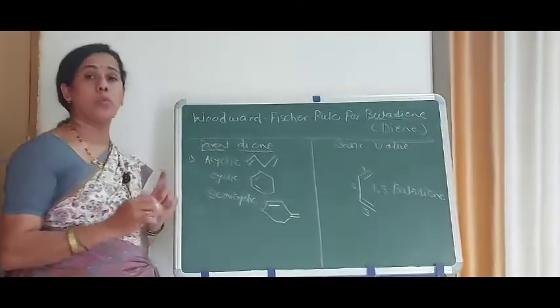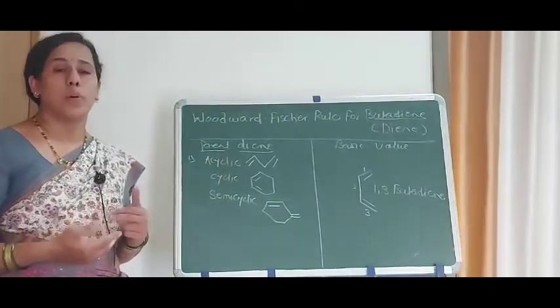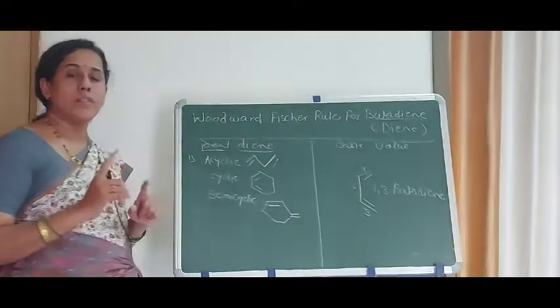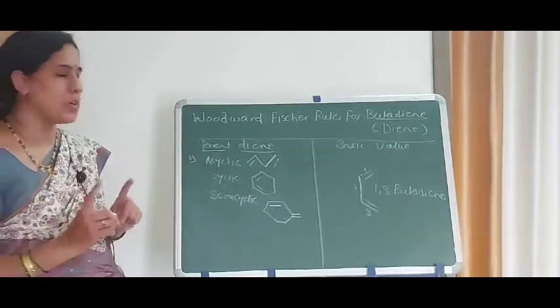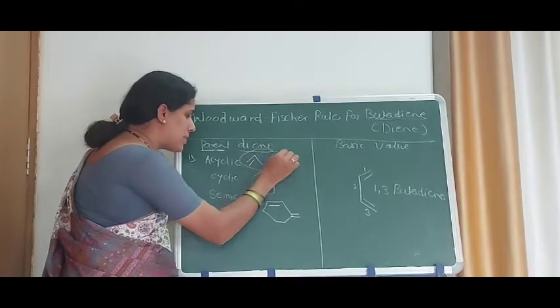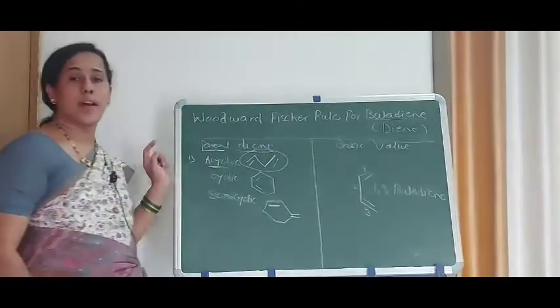Acyclic means an open chain compound, which does not possess a ring, but has the conjugated arrangement of double bond, single bond, double bond. If this system is present, it is called acyclic.